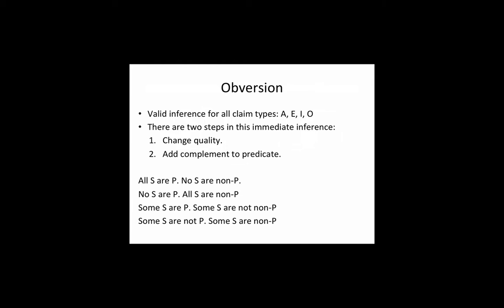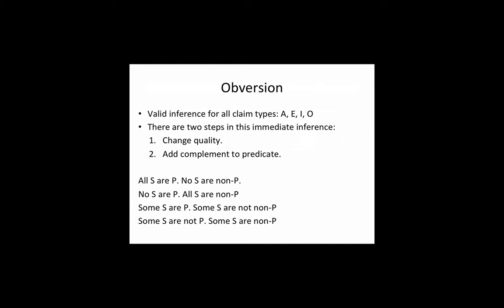Remember, quantity is the how much, universal or particular. Quality is the mode or the in what way, which means affirmative or negative. So we leave the quantity alone, we change the quality, and we add the complement to the predicate. Now, the complement of a claim, remember, is everything outside of that class. And linguistically, that's designated with the expression non.